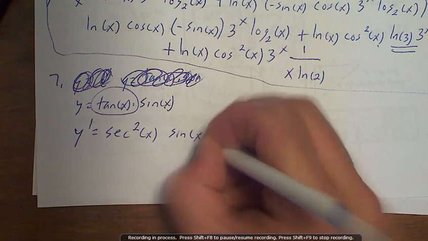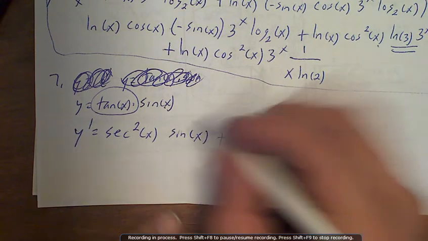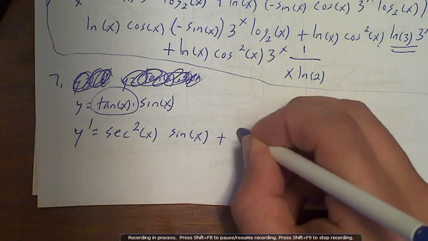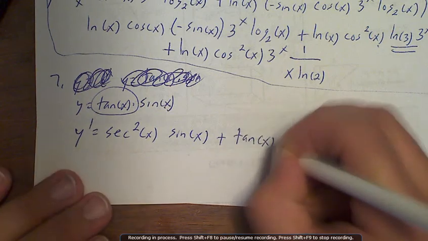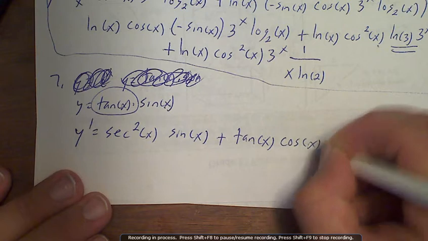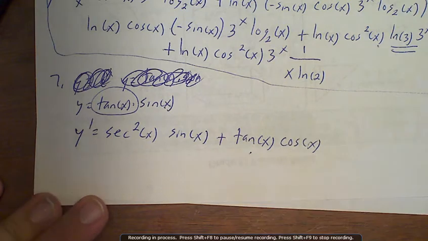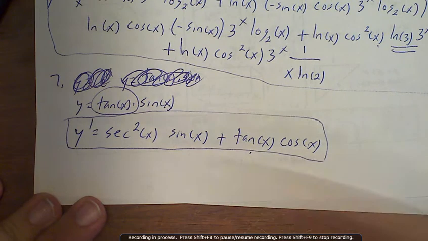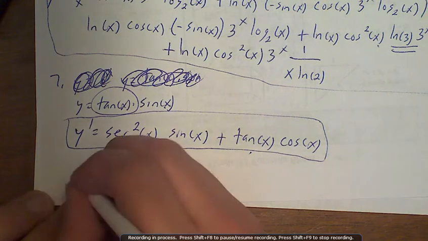One thing you can do to see if anything cancels out to simplify this is convert it into terms of sine and cosine. So for example, secant squared is 1 over cosine squared of x times sine of x. Nothing cancels. Tangent is sine over cosine times cosine.